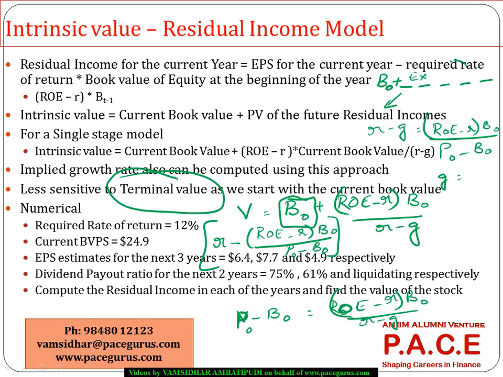So because the terminal value is only with respect to the excesses, the sensitiveness of the terminal value is not that heavy compared to a free cash flow based model or a dividend based model. Right? Let's look at one mechanism to value the stock using this model itself.